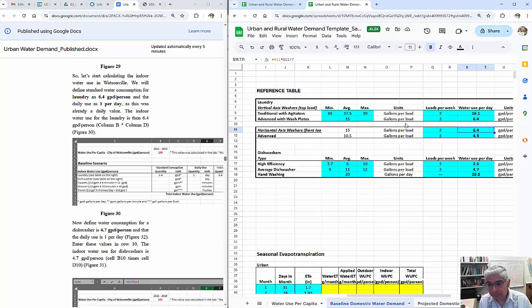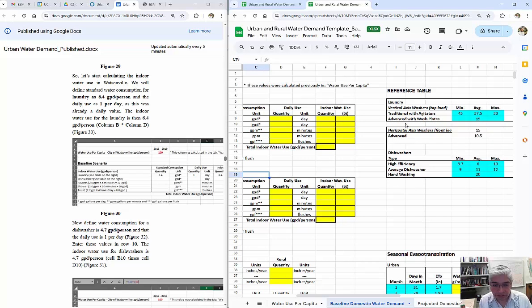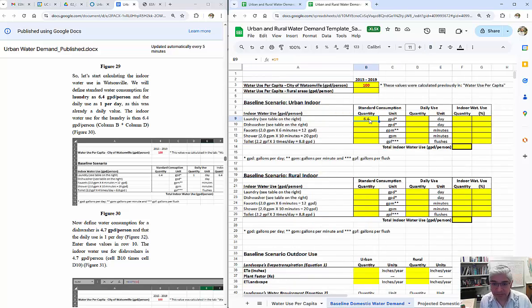This is exactly the same. All of these are doing that specific calculation, because for some of these it's not that you use it every day. It's just an estimate of how much you use it per week. So here we go back. This is 6.4 gallons per person per day. So here the quantity will be equal to this times this.